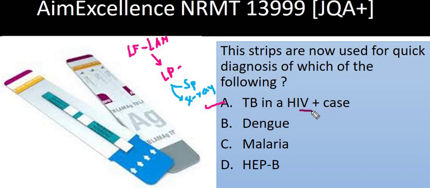We know at least 10% of the total TB cases, roughly 10% of the incident TB cases, are also present with HIV positivity.